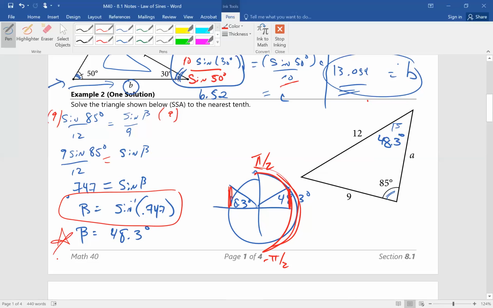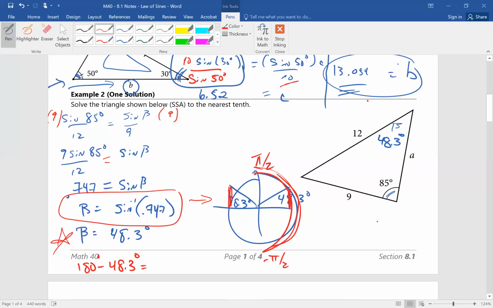But there's always a secondary angle, its respective angle over here, that if you take 180 minus that, so for instance, 180 degrees minus 48.3 degrees, the angle actually could be.